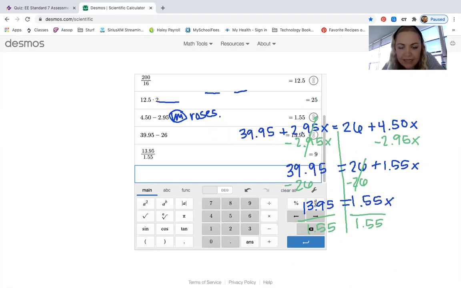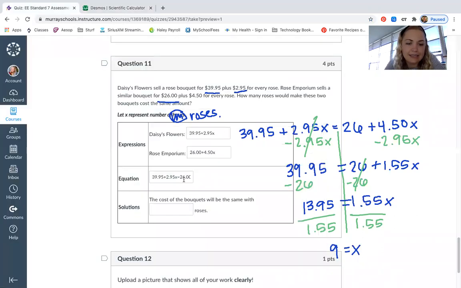And it looks like my answer is 9. That would be 9 equals x. Oops. Okay, so if 9 equals x, the cost of the bouquets will be the same with 9 roses.